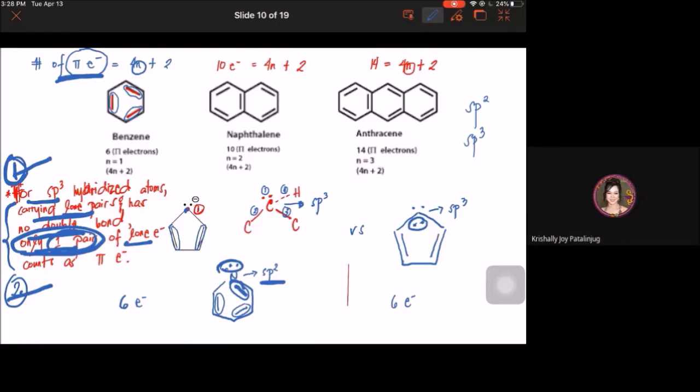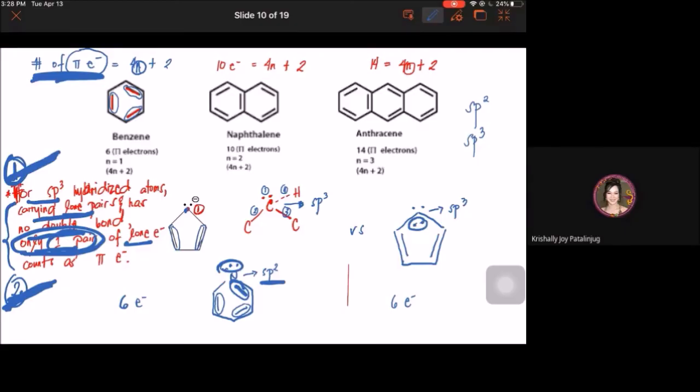Then upon counting the pi electrons, only one pair of lone electrons will be counted as pi electrons. Do we need the pi electrons to determine Huckel's rule, whether it follows Huckel's rule? Yes. That's why you need to understand these two statements. You need to determine the pi electrons to get your n, to determine whether it follows Huckel's rule.